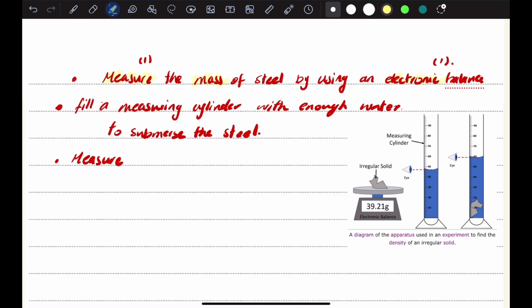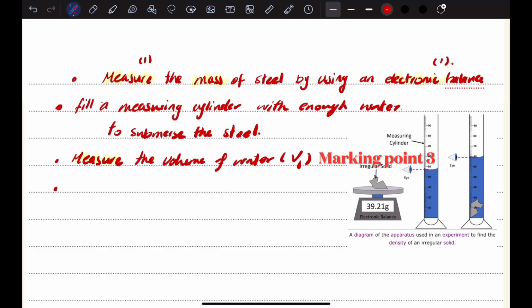I'm going to highlight this keyword. Measure what? Measure the volume of water, and let me say this is V1, in the measuring cylinder. Okay, that's point 3. Shall I get 1 mark for this one? Yes, I will get 1 mark for measuring the volume of water.